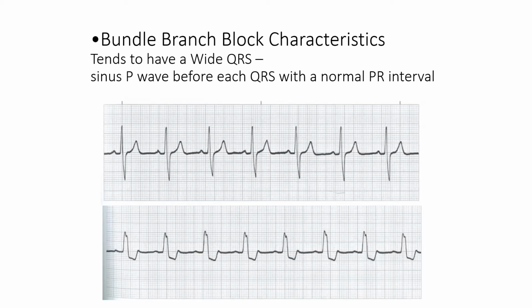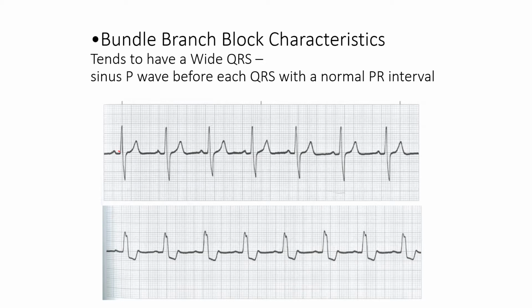So looking at the different types of bundle branch blocks, again, your QRS is wide. You do have a sinus P before the QRS, and the PR usually is normal, but the only difference is that your QRS is greater than 0.10.